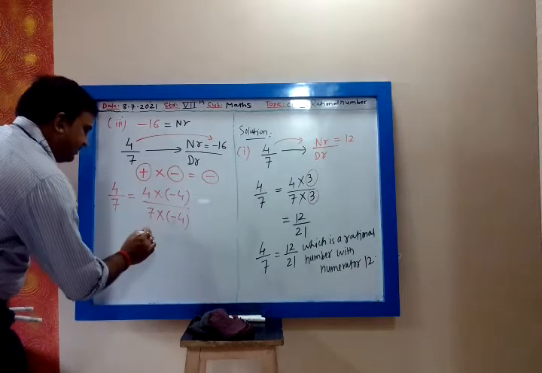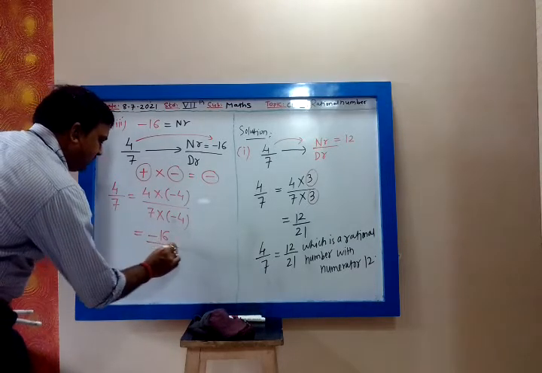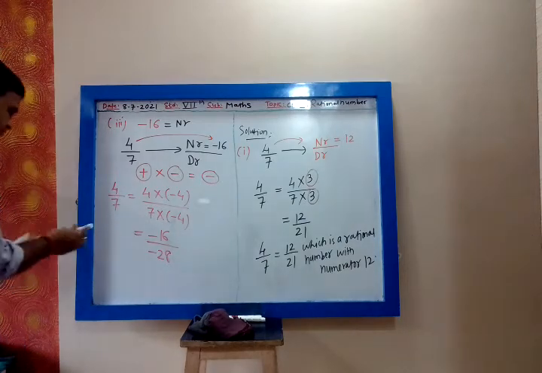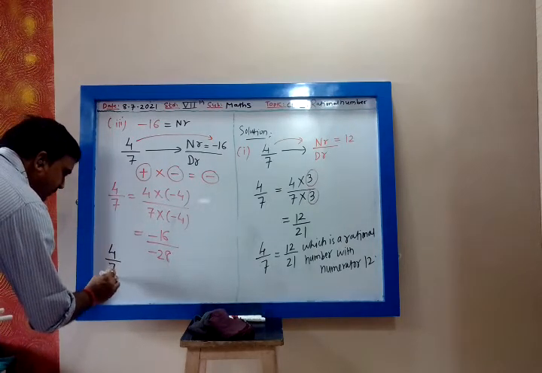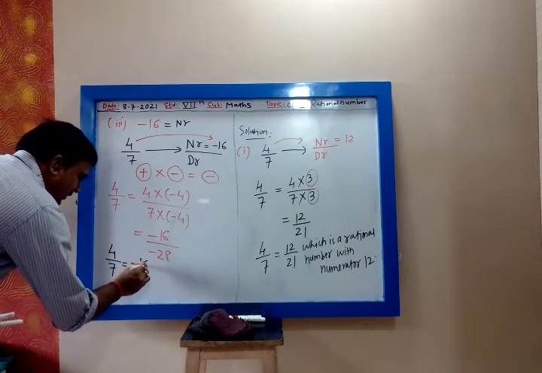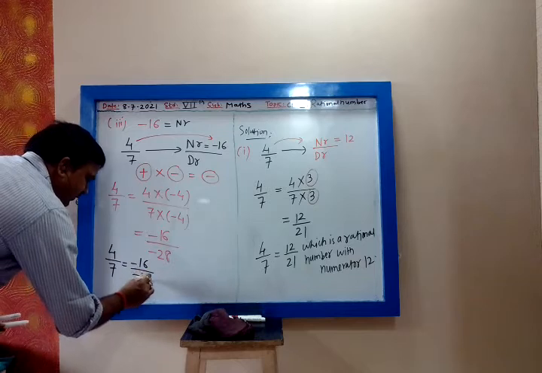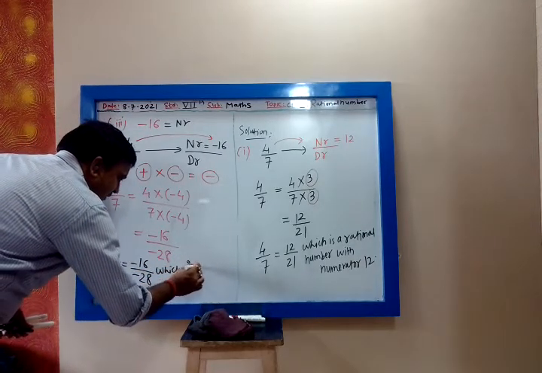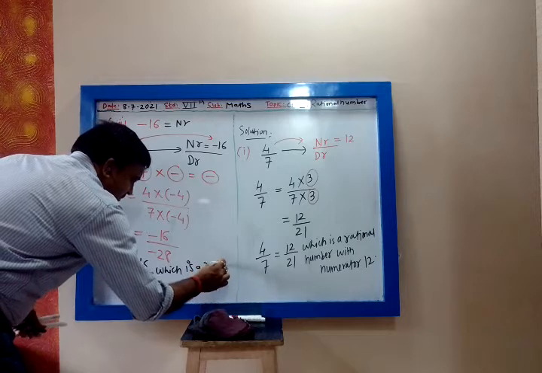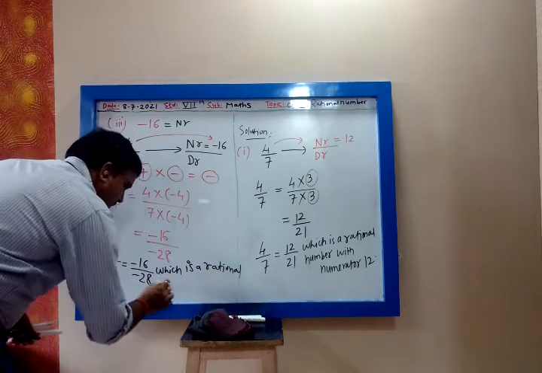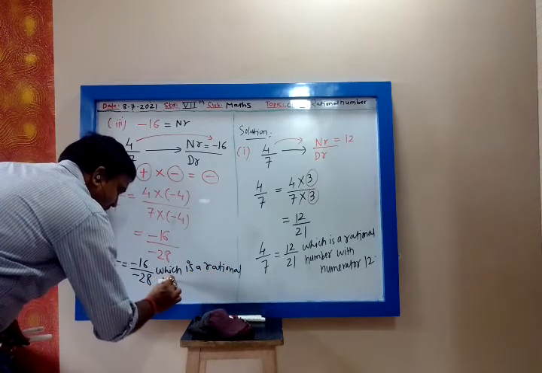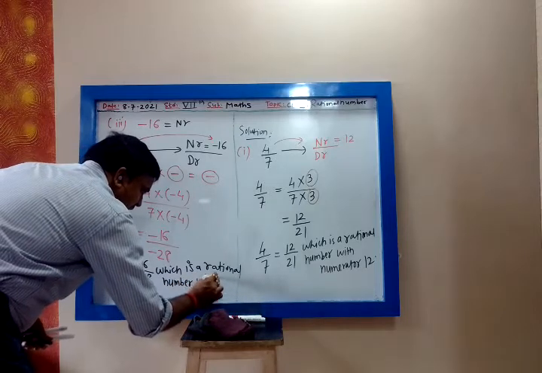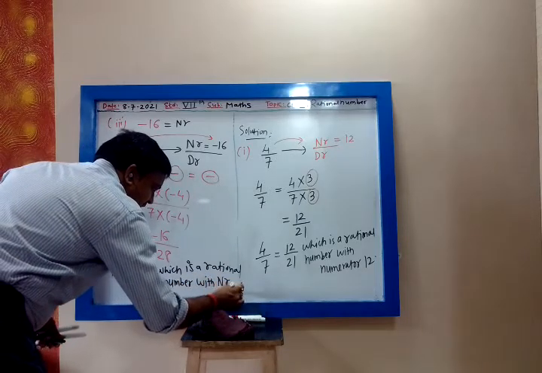So we get minus 16 upon minus 28, which is a rational number. So 4 upon 7 I can write as minus 16 upon minus 28, which is a rational number with numerator minus 16. That's all.